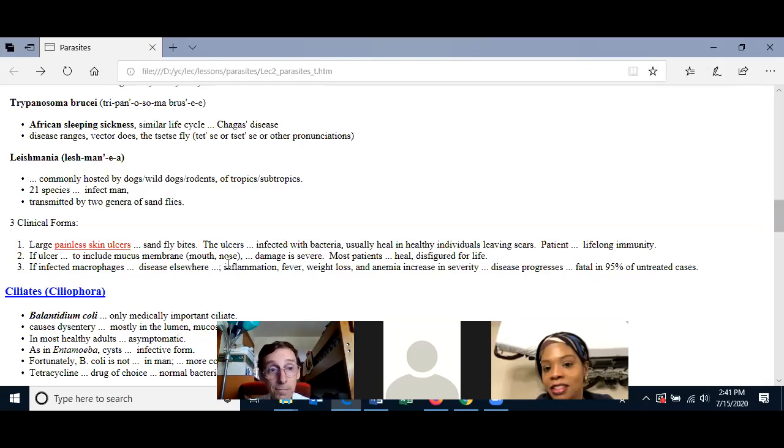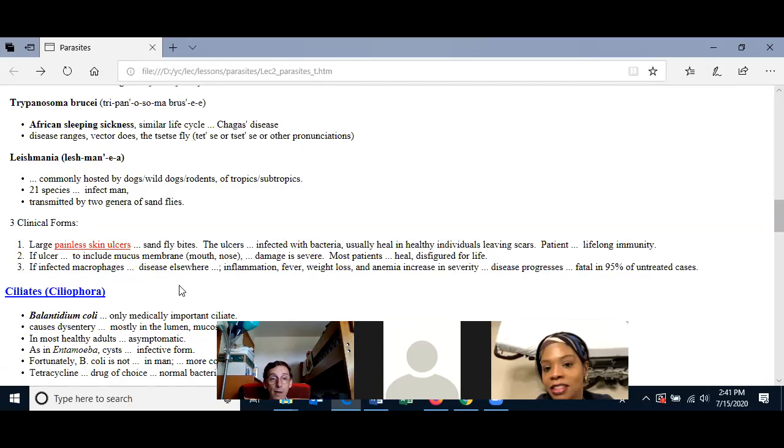The third is if a macrophage takes up the Leishmania, and then the Leishmania is growing in the macrophage, and then the macrophage carries the Leishmania to other parts of the body. And then you can have Leishmania disease more than just at the bite site.